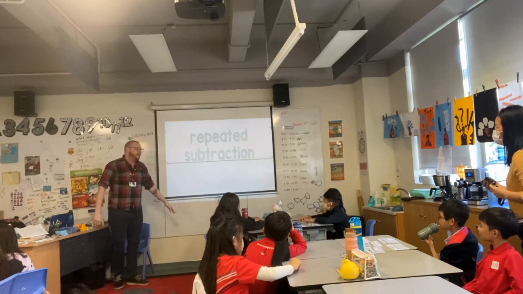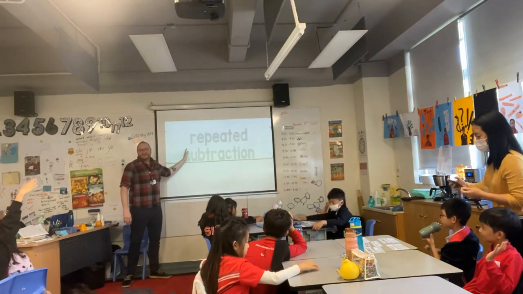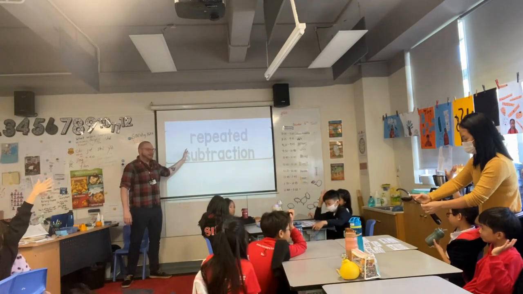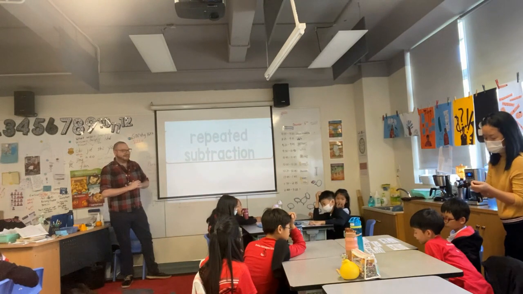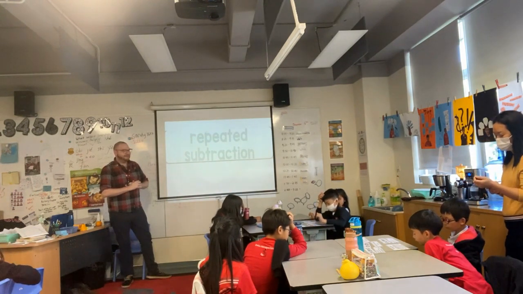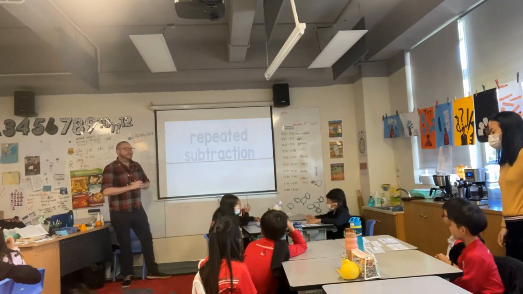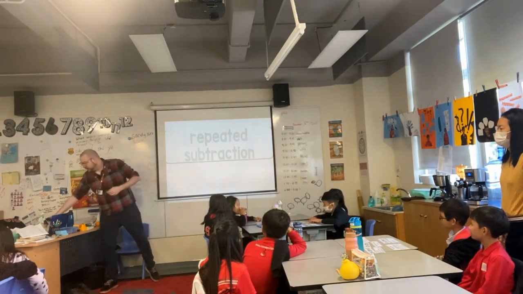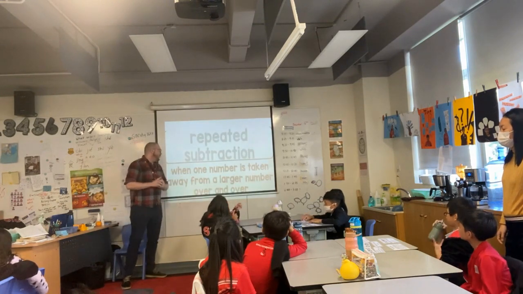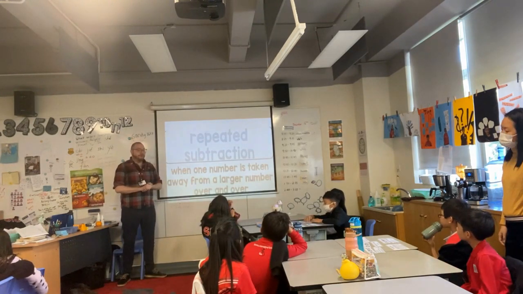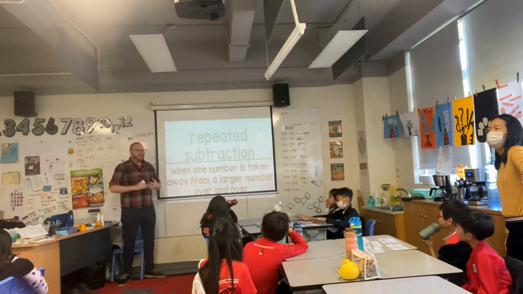Now, what's repeated subtraction? Again, a lot of the same. Adrian. When one number is taken away from a larger number over and over. That's correct. Now, Adrian, how did you know that it was when one number is taken away from a larger number over and over? What was your educated guess? Why did you think that?